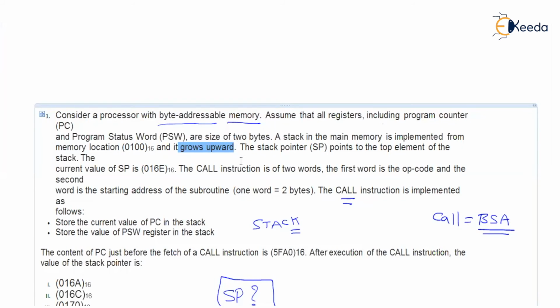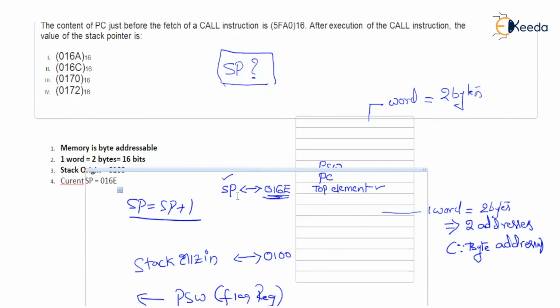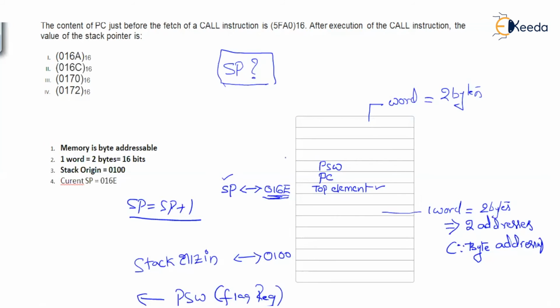Here, SP is SP plus 1 when one element is pushed, and SP plus 2 when two elements are pushed.